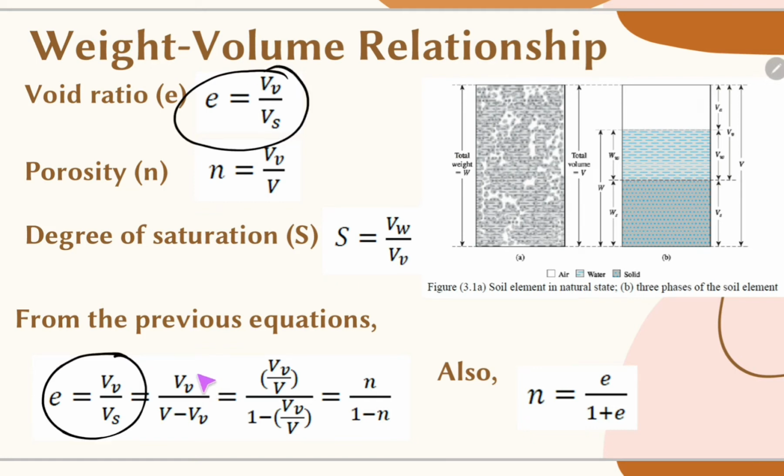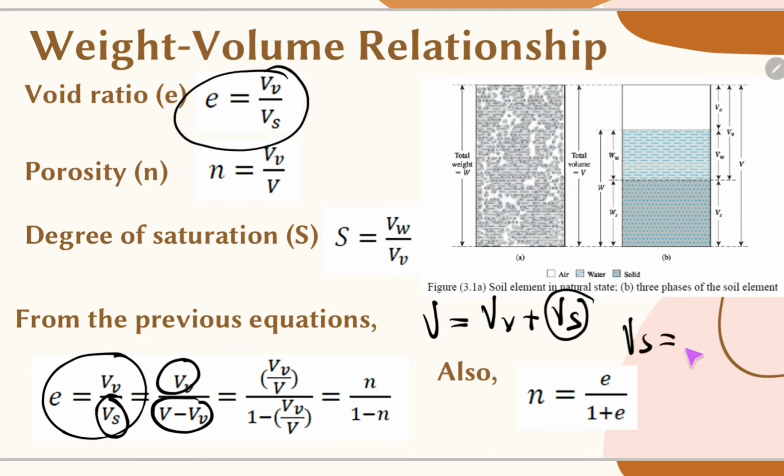Copy mo lang yung numerator, and then, saan galing tong V minus Vv? We know that the volume of the soil is volume of voids plus volume of the soil solids, right? Now, if you try to get the volume of soil solids, you'll get V minus Vv.